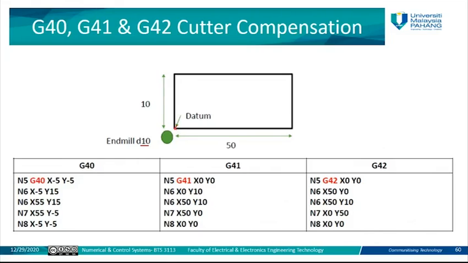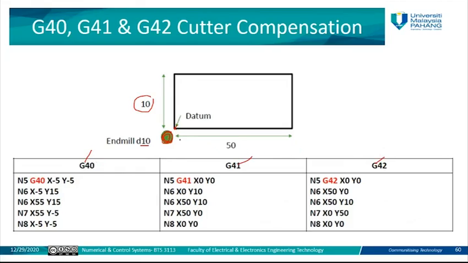So if this point is 0, that means based on the current x-axis the length is 50 and the y-axis the length is 10. So what is the position for this cutter here in the different cases, either without compensator, with the left compensator, or with right compensator.